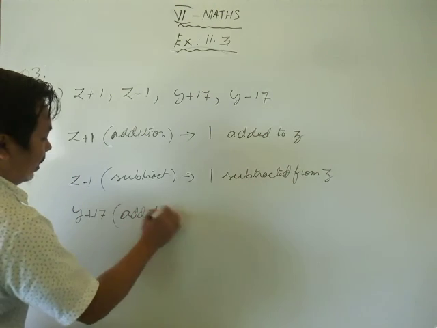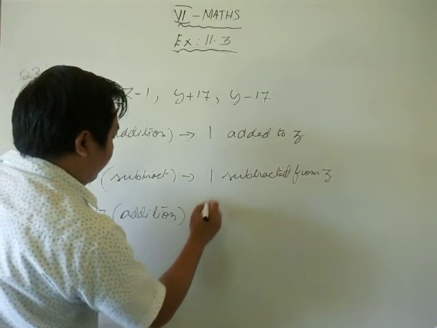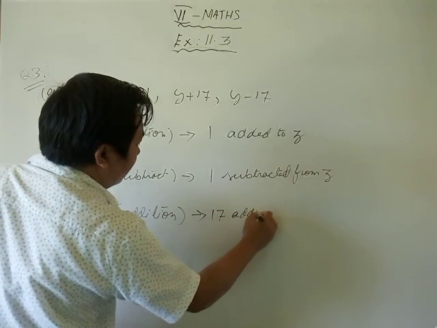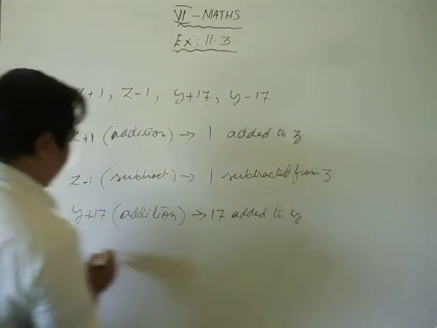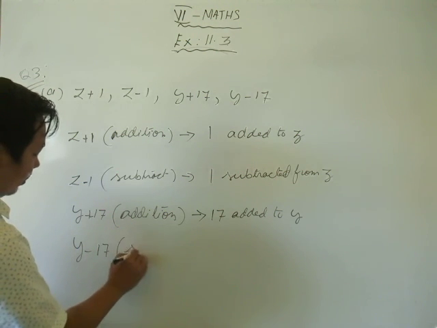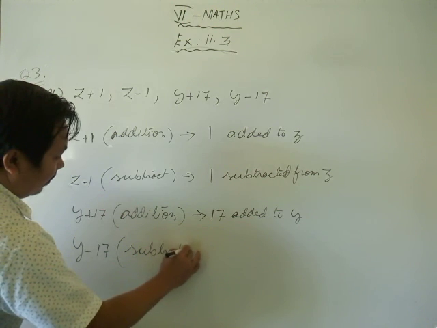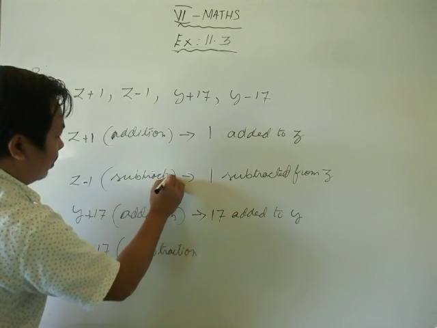It is formed as 17 added to y. Next, y minus 17. The operation is subtraction.